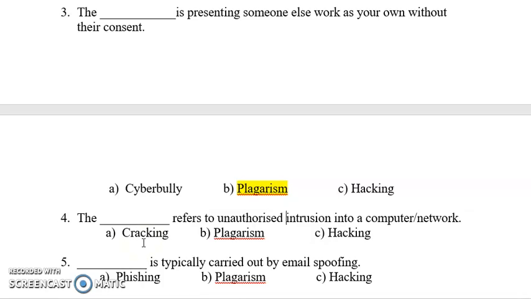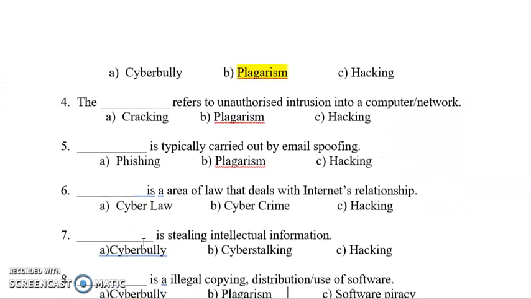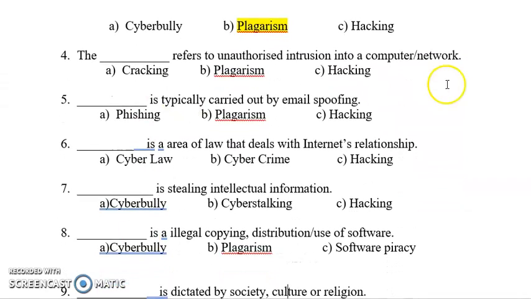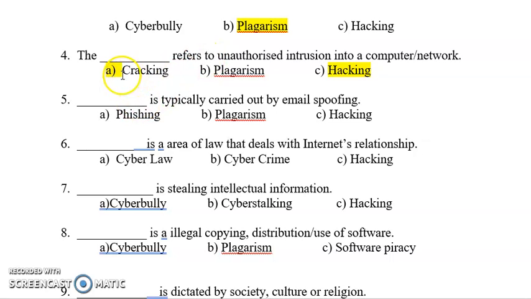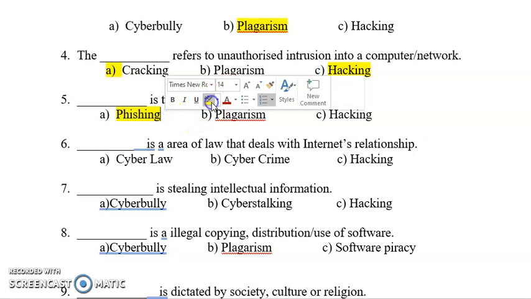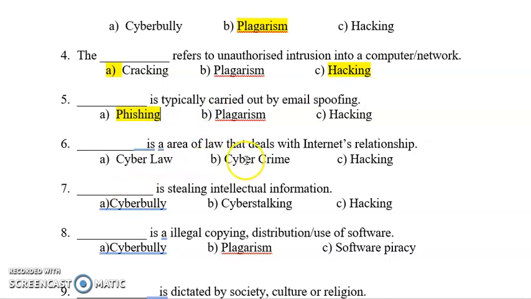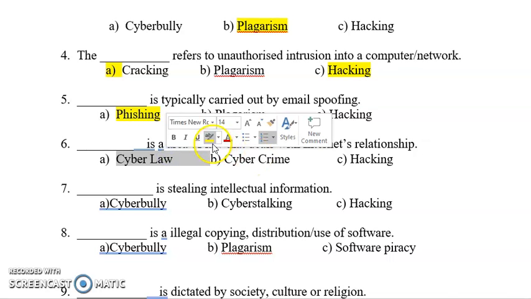Next is, the dash refers to unauthorized intrusion into a computer network. If someone takes unauthorized access, then that process is called hacking. Next, dash is typically carried out by email spoofing. So the crime which is carried out by email spoofing is called phishing. Next, dash is an area of law that deals with internet's relationship. So that is nothing but cyber law.